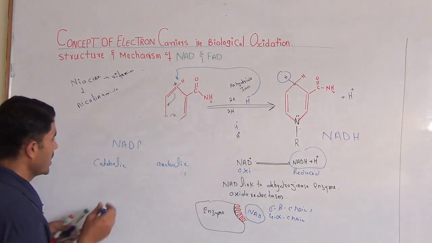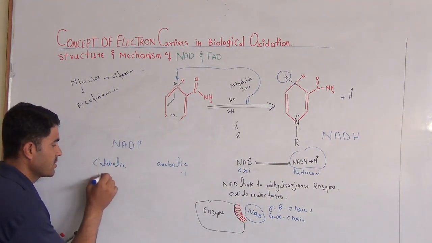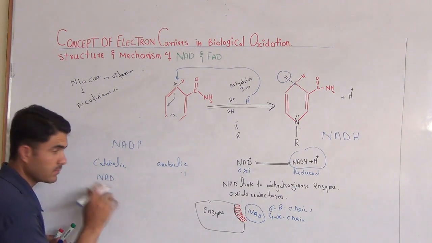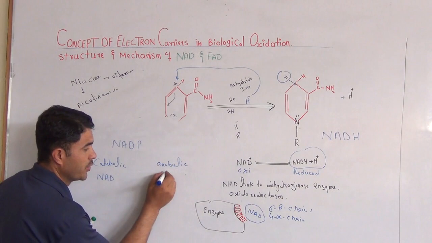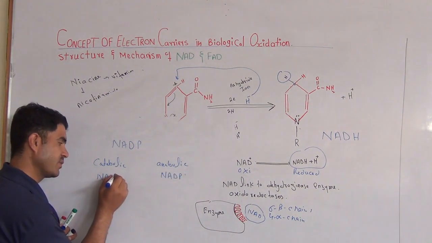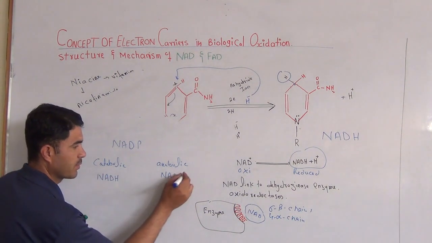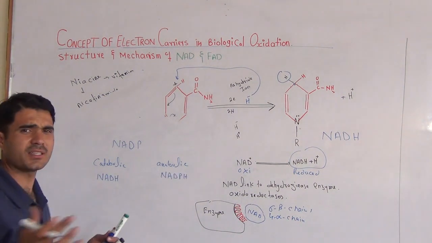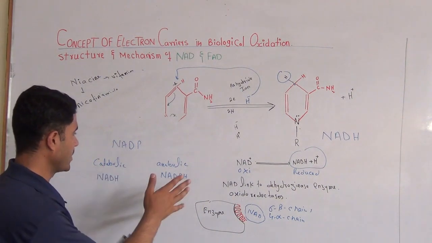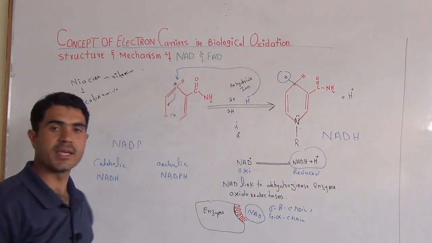So in catabolic reactions you will find NAD, and in anabolic reactions you will find NADP. Of course its reduced form is NADH and the reduced form of NADP is NADPH. So this was the difference between NAD and NADP.